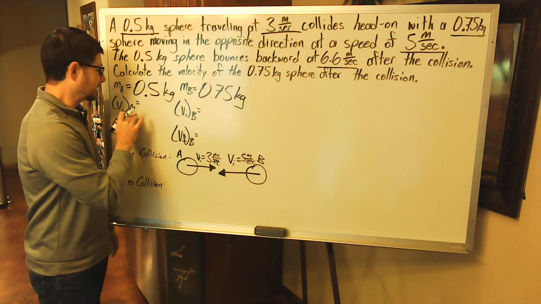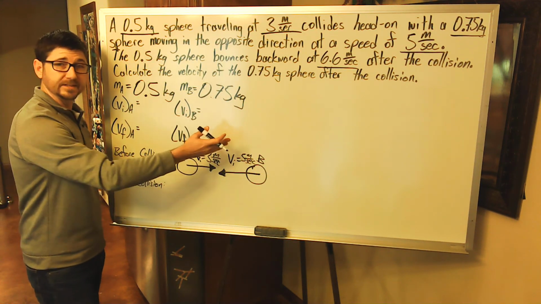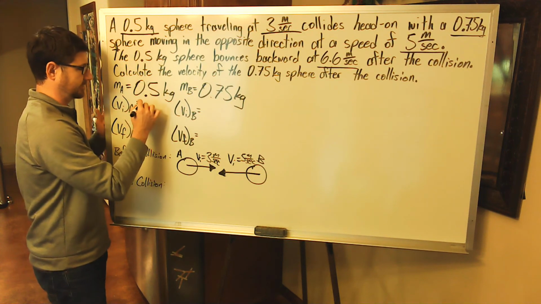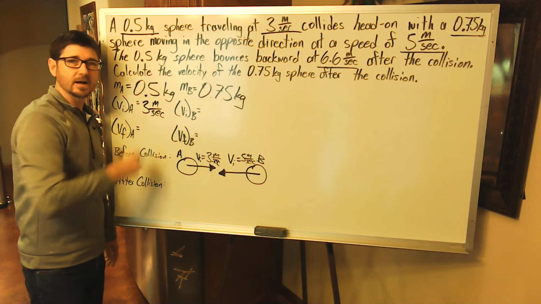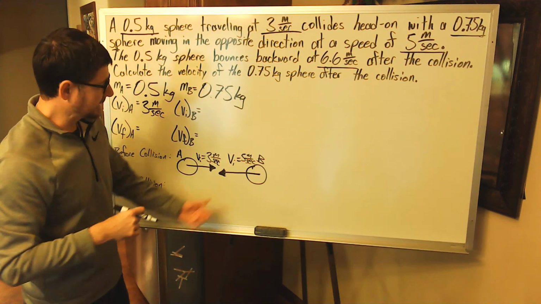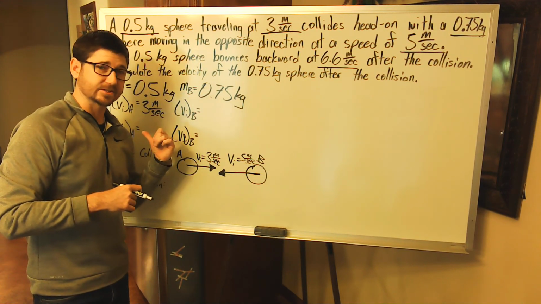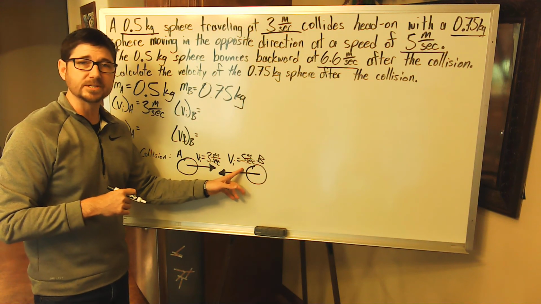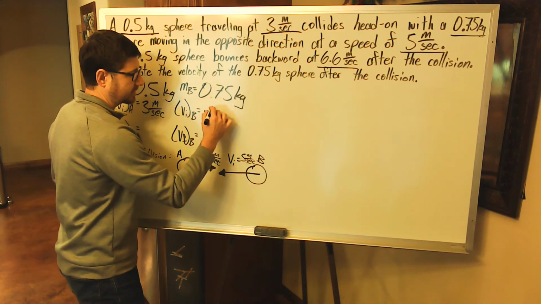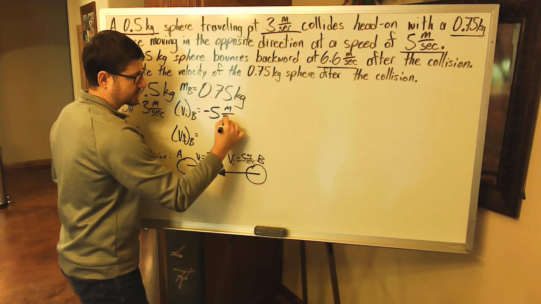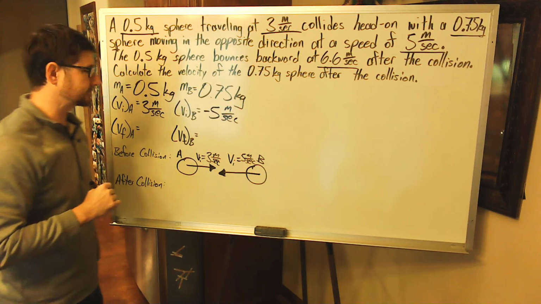So initial velocity of object A, we're moving in a positive x direction. This is 3 meters per second. Initial velocity of object B, now we're moving in a negative x direction, so we're going to associate a negative value with our velocity. So negative 5 meters per second.